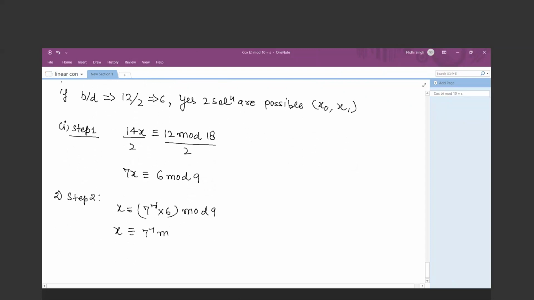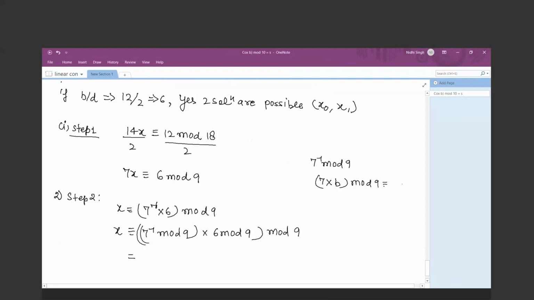So 7 inverse mod n into 6 mod 9 and the whole mod 9. So for the 7 inverse mod 9, what should be the value? Okay. So just 7 is the A and it will be B and mod 9.